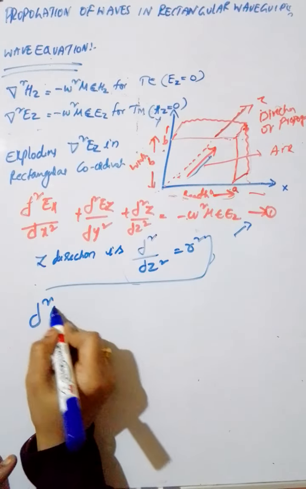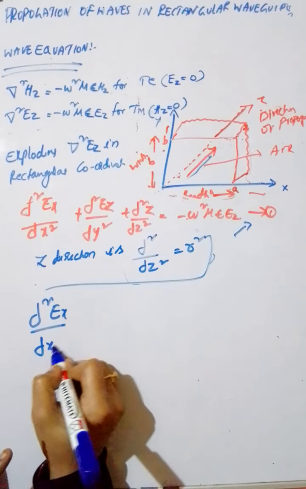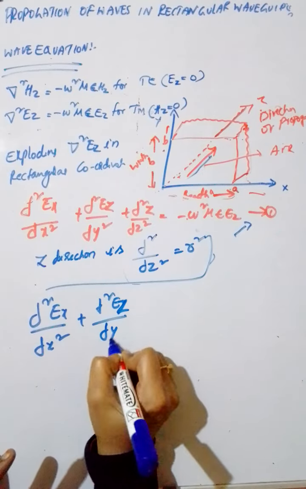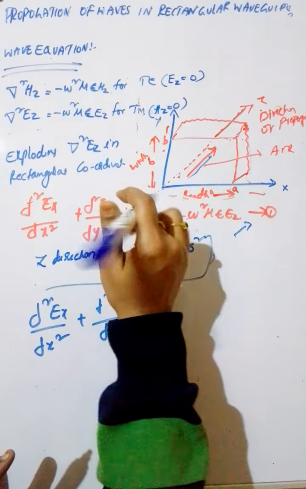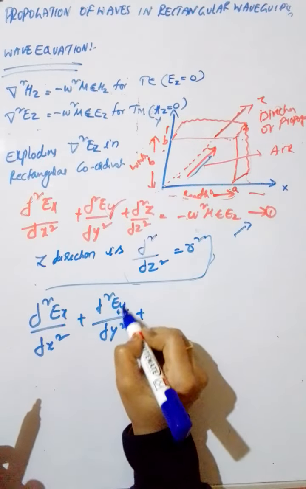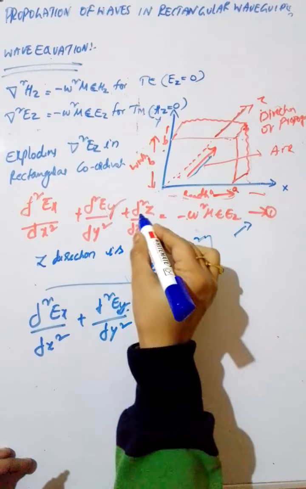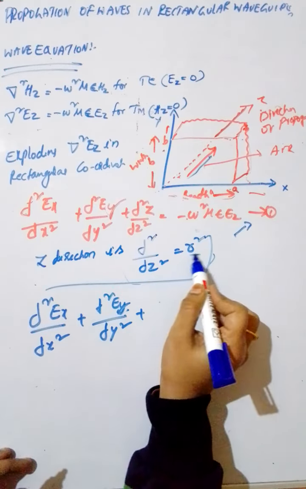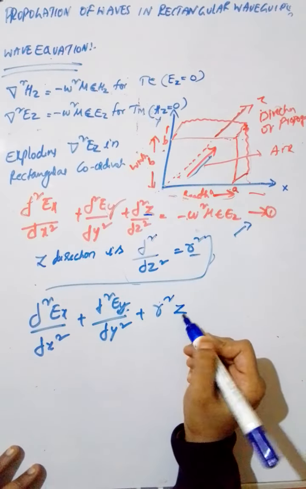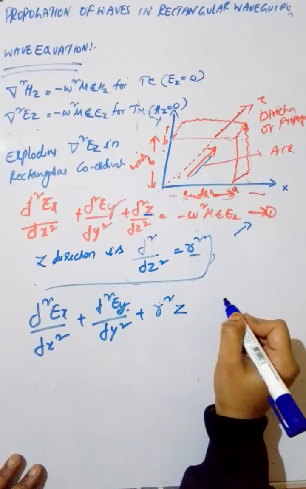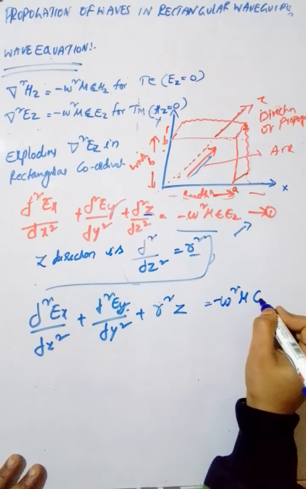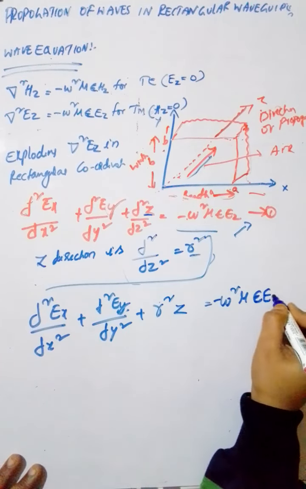Now dou square Ex by dou x square plus dou square Ey by dou y square plus dou square Ez by dou z square, which we write as r square into Ez, is equal to minus omega square mu epsilon Ez.